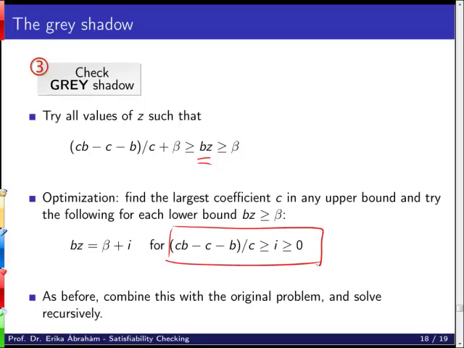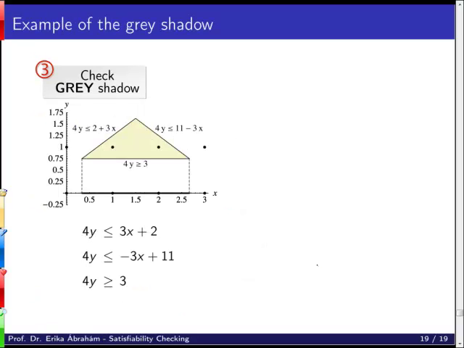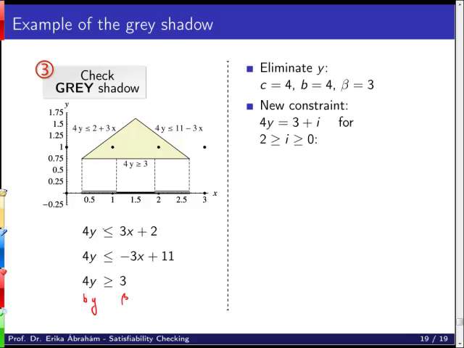And in our example, the largest coefficient c in any upper bound is 3 here. So I will just apply that equation with c equals 3. And then I get these areas which are shown gray in my example, this one. And you see that here I have this value 1 and here I have this value 2 in between the bounds.